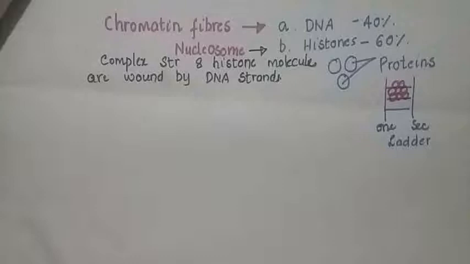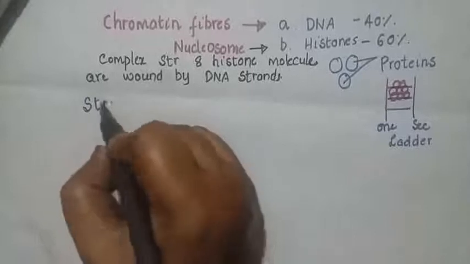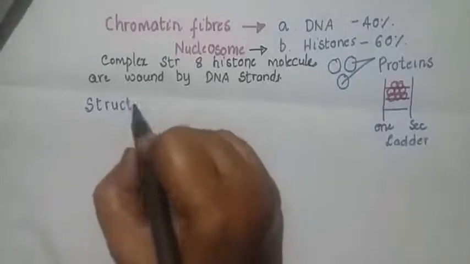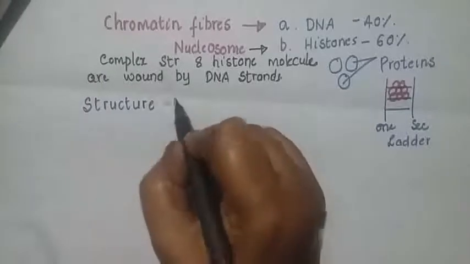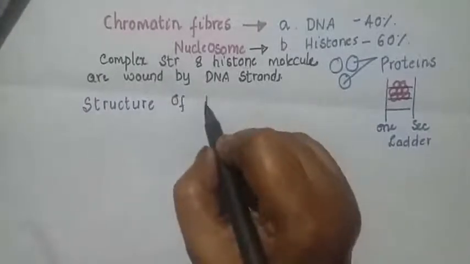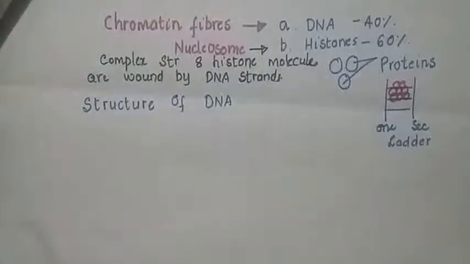Fine, children. Now let us study the structure of DNA. Already just now I told you that DNA is a structure which can be compared to a ladder with steps.